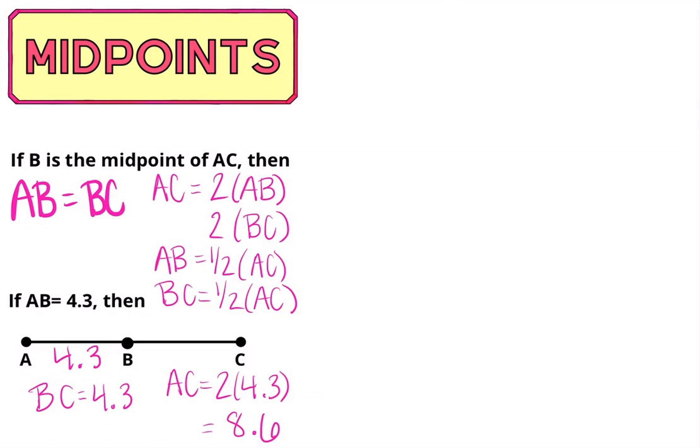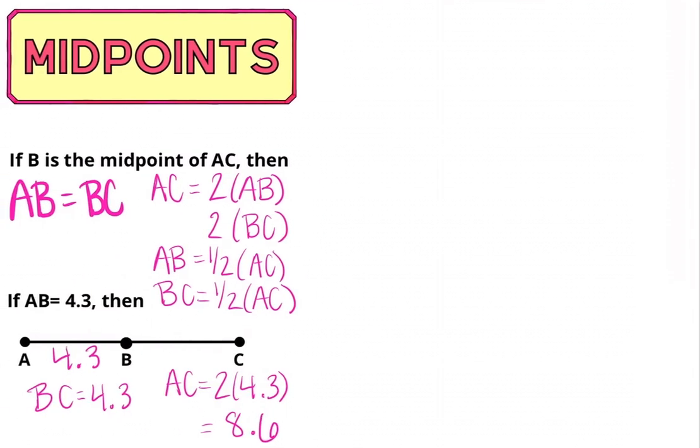Remember, if the point in between A and C is the midpoint, that means both segments are equal. A to B is the same thing as B to C, because midpoint is just halfway.